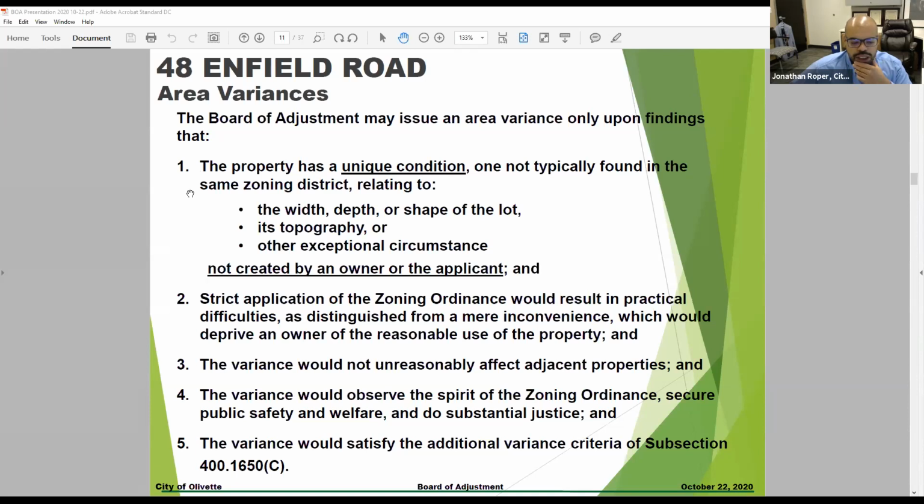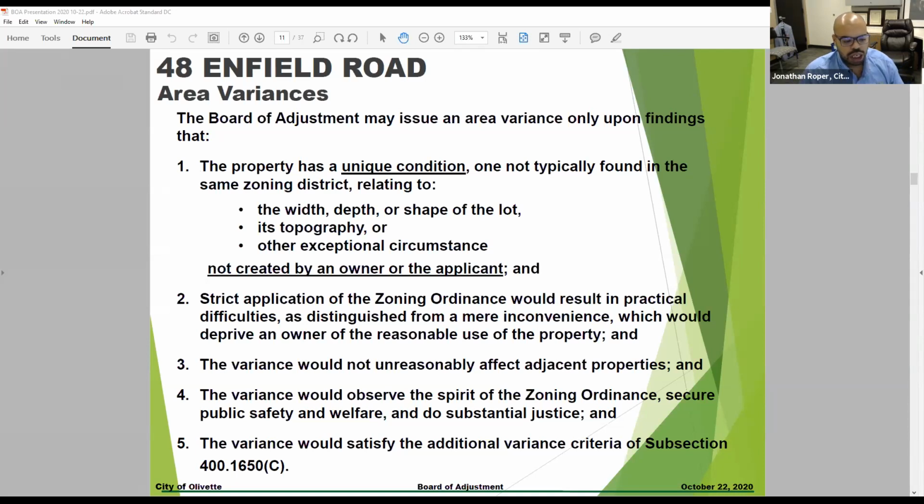The strict application of the zoning ordinance would result in practical difficulties, as distinguished from a mere inconvenience, which would deprive an owner of the reasonable use of the property, and the variance would not unreasonably affect adjacent property owners. And it would observe the spirit and intent, as Mr. Trejo went over, of the zoning ordinance of the accessory structures and uses.